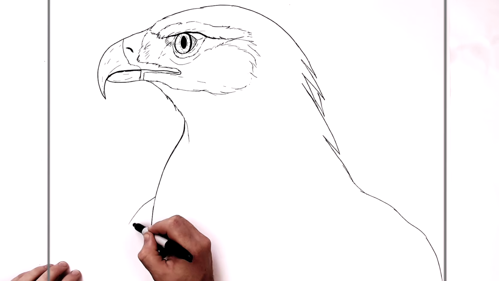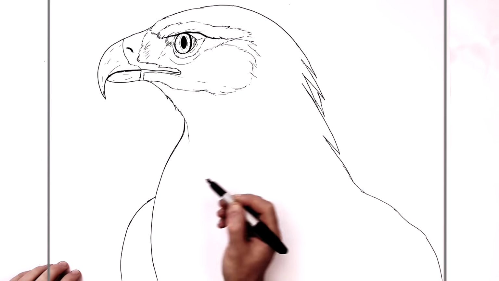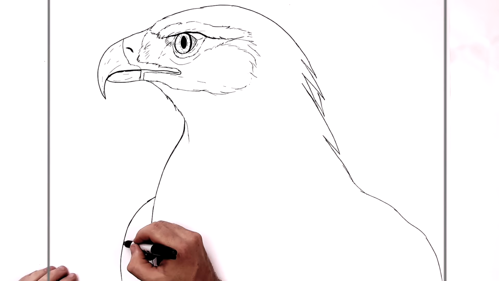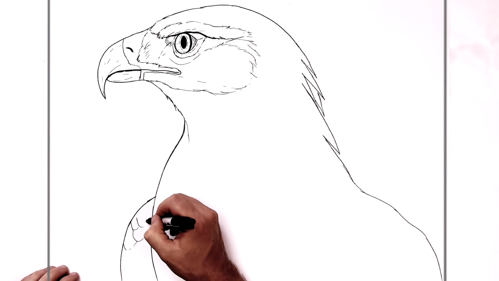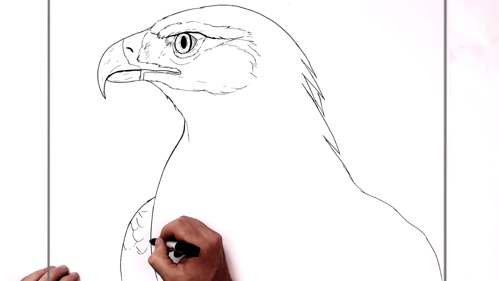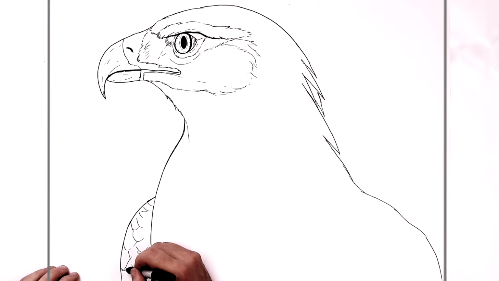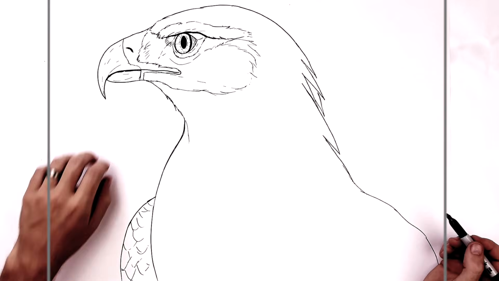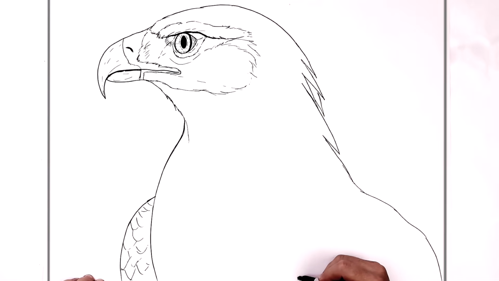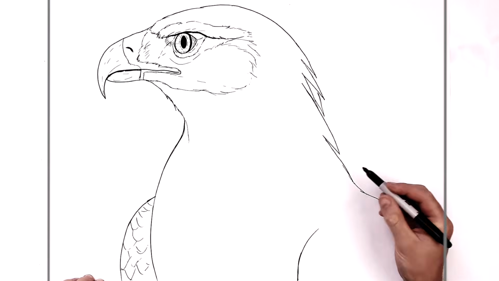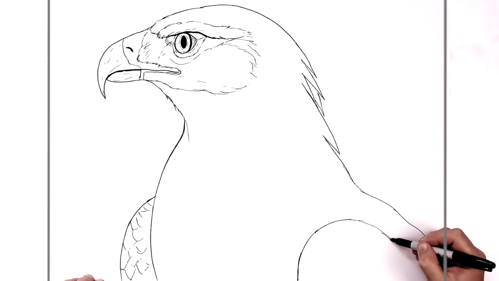And then we'll go a wing here. Like so. And this can have some texture like feathers, these sorts of curved lines. You don't have to do loads of them, you just have to suggest like that. Then the wing on this side comes in here. Go back down this way.